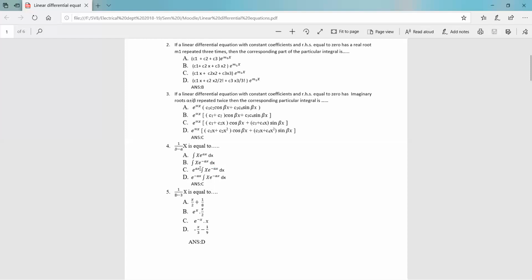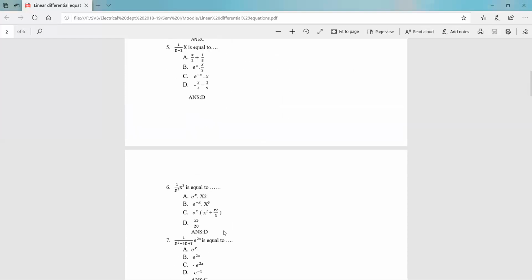After solving this integration, we get e raised to minus 3x into bracket minus x by 3 minus 1 by 9. Multiply this bracket by e raised to 3x, we get minus x by 3 minus 1 by 9. This is the required answer. Now see question number 6. 1 upon d square x cube.